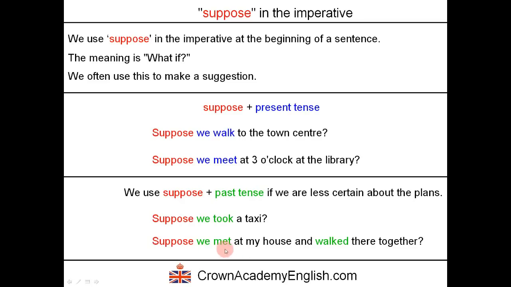We met, which is the past simple form of meet. And walked is the past tense of walk. Okay? So again, this is a suggestion for the future. Perhaps this is a plan for tomorrow maybe. So it's the past tense in the form, but the meaning is the future.